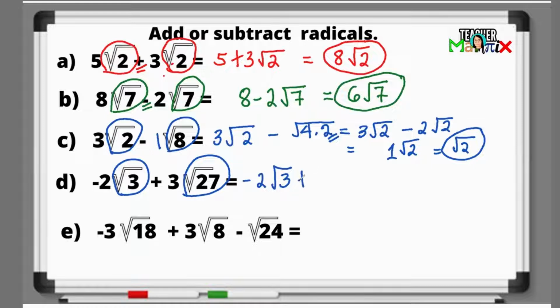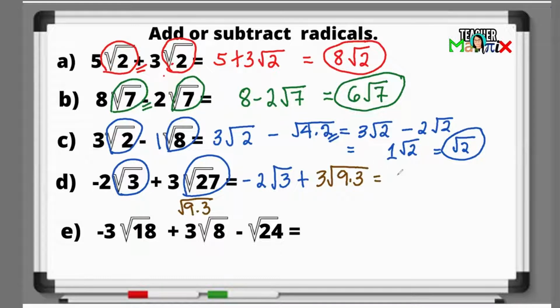Then plus 3 and think of the factors of 27 wherein one of the factors has a square root. So of course, it's 9 times 3. So let me put here 9 times 3.